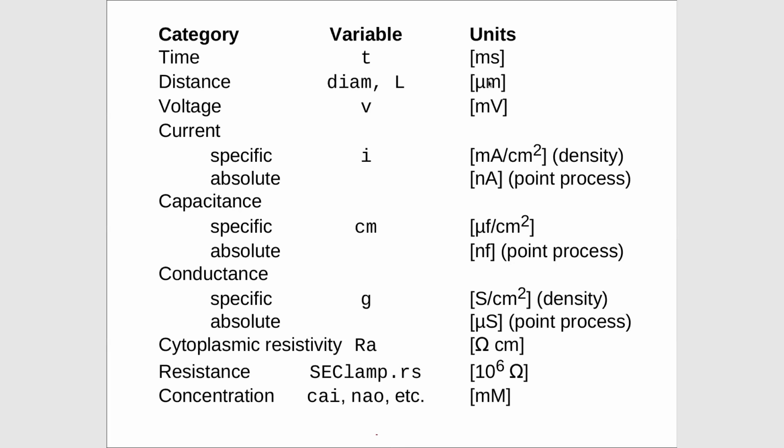Notice that time is in milliseconds, distance is in microns, membrane potential is in millivolts, and its symbol is V. That current typically is called I, and its units depend on whether or not it's a density mechanism, that is like an ion channel that's spread along the length of a section, in which case it's milliamps per square centimeter, or a point process, which is like a synaptic connection, in an anatomically compact structure usually, and that means it can be treated as if it's a point source of current, or say like an electrode, like a voltage clamp or current clamp, in which case the units would be in nanoamps.